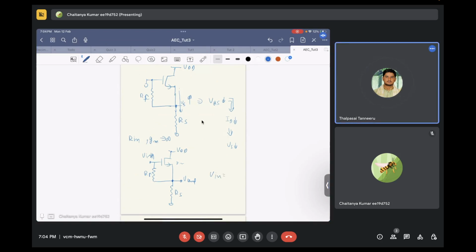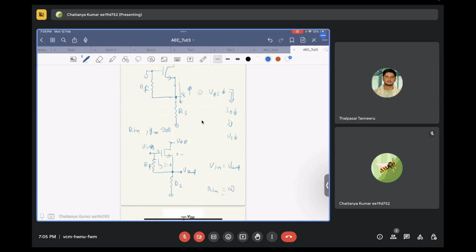So if V in is equal to V out, will there be any current flowing through RF? No, zero. There won't be any current flowing into the gate of the transistor as well. Correct? Yes, sir. So what will be R in? Infinity. You can quickly get the value of R in if you know this trick.